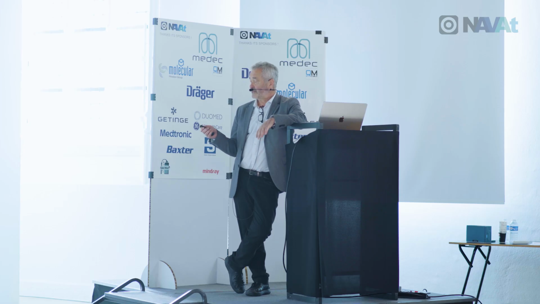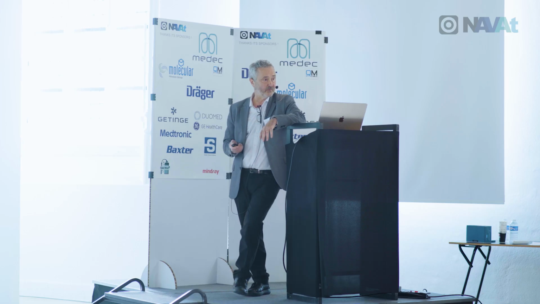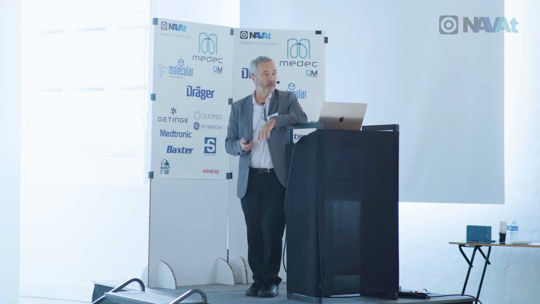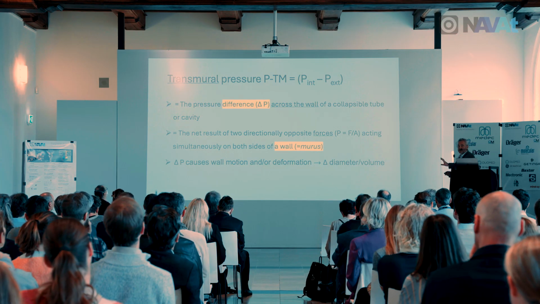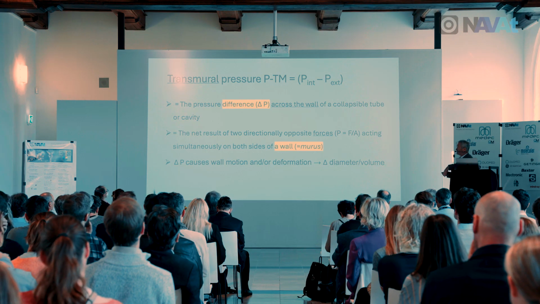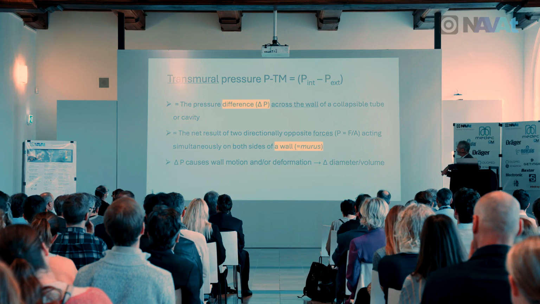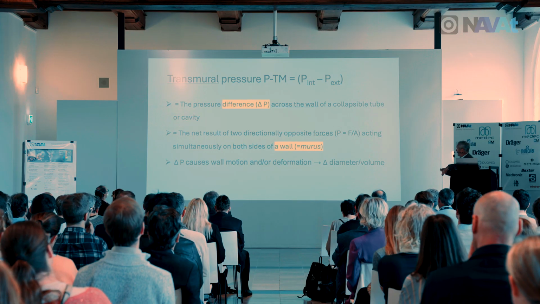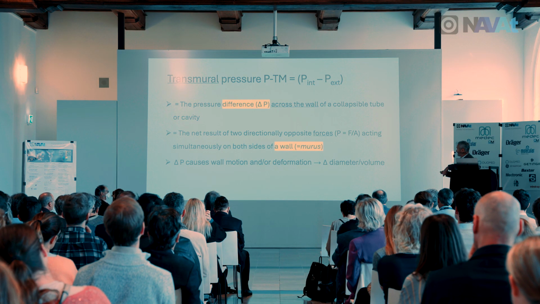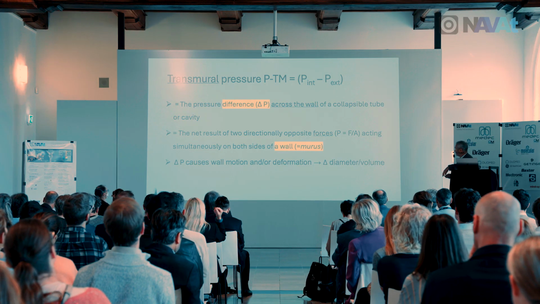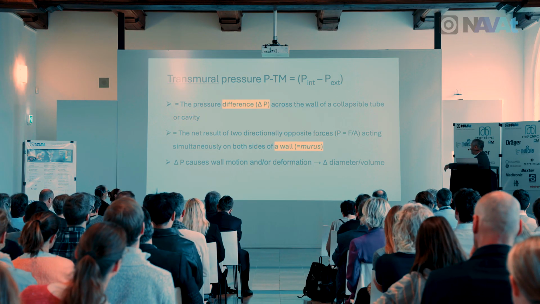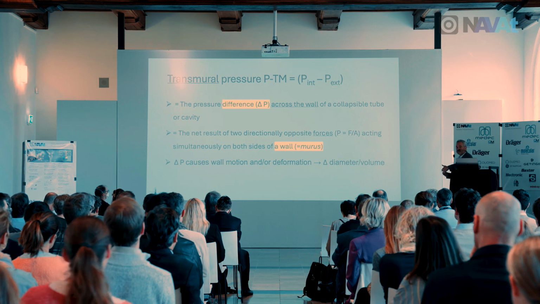And that applies to collapsible tubes, of course, because pressure differences do not have much effect on the vessel wall if that vessel wall is very rigid, like in the trachea, for example, where the cartilage prevents it from being dilated or compressed. Also for cavities, like the cardiac chambers, the net result is that of two opposing forces, because pressure is force over area.